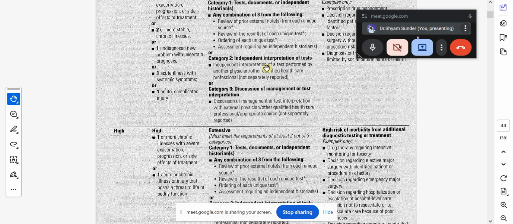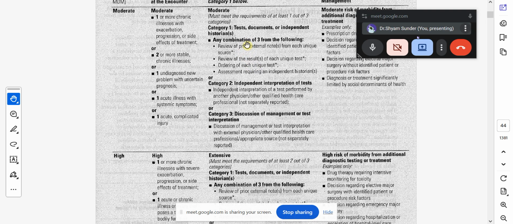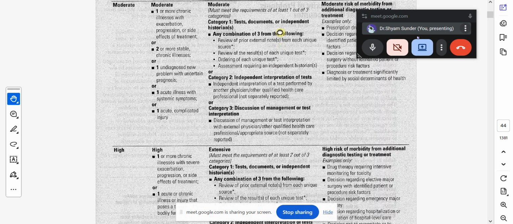So as a coder, when you read the record, you have to understand what kind of data the physician is looking at. Is it only tests and documents, or old records, or is any independent interpretation of tests done?